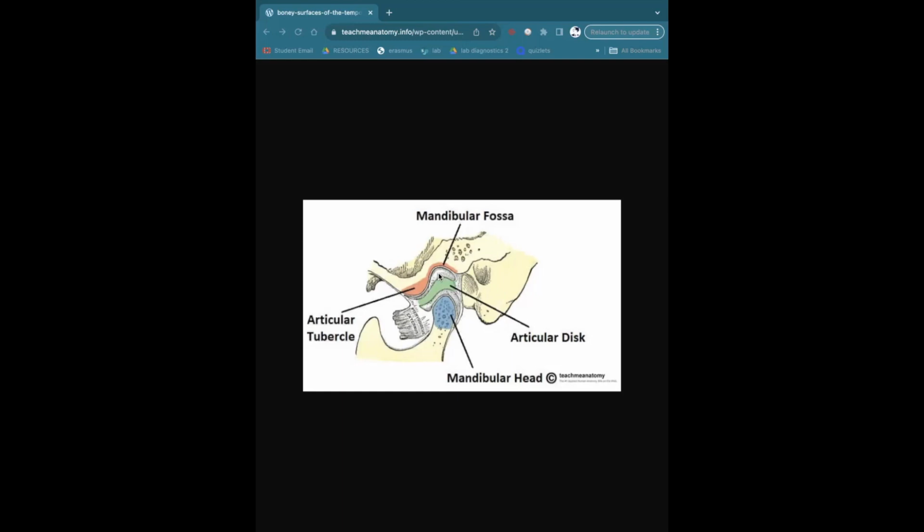I think there's no reason to mention here, but if you look at the mandible, it needs support, and the only support it has to the head is that. I think the articular disc is present there to avoid injuries.